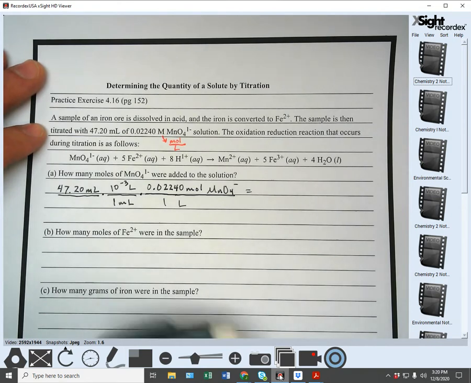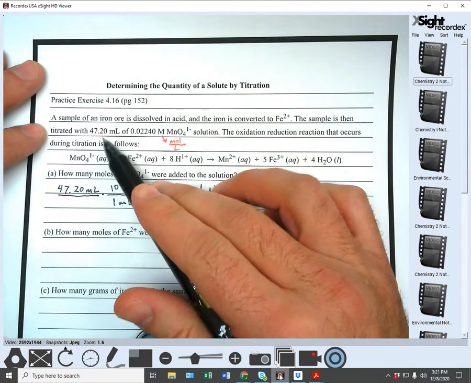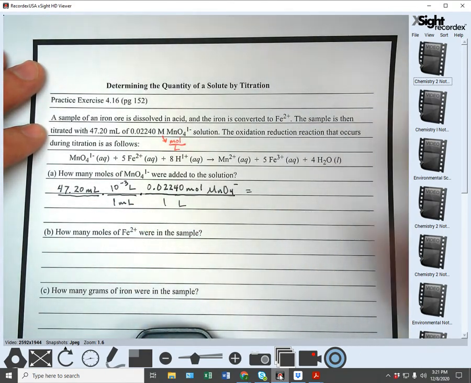So we just do the math. Significant figures: we've got 4 and 4, so we need 4.